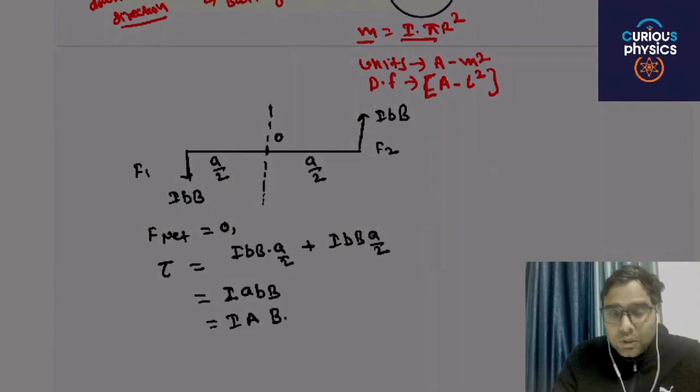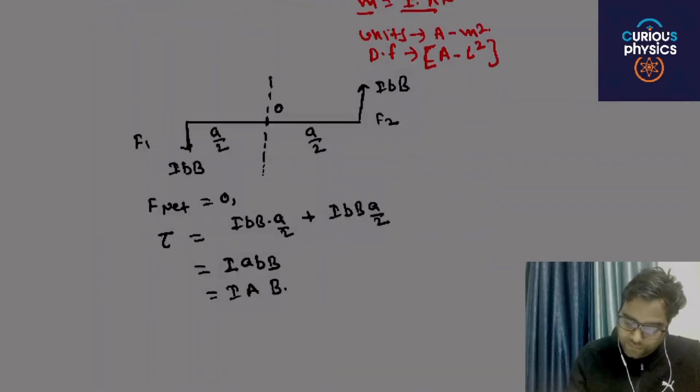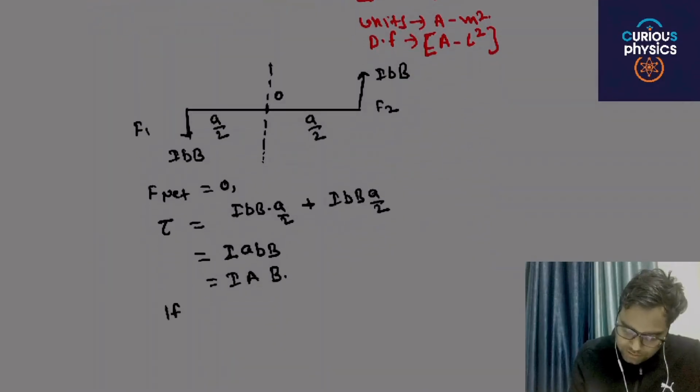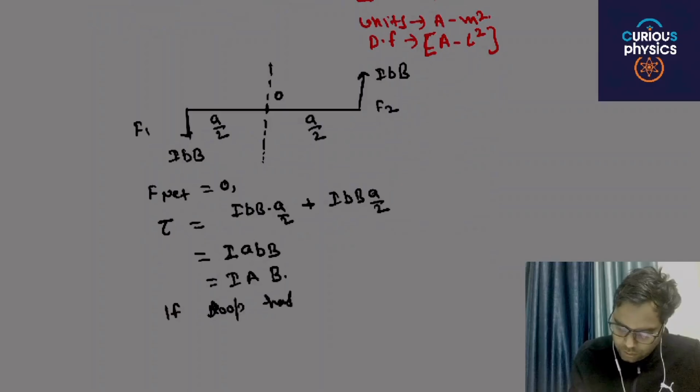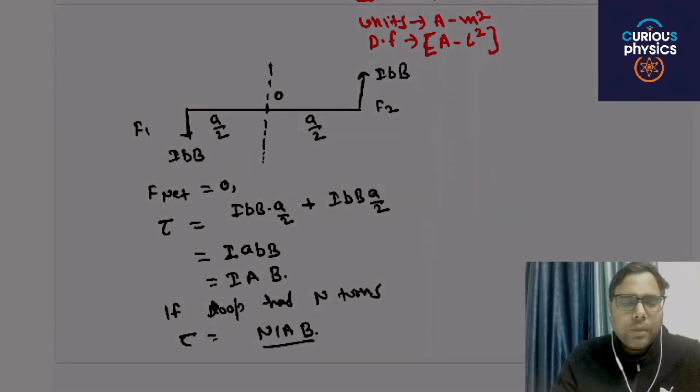If this particular loop has n turns, then the value of torque will be N I A B. Are you able to get my point or not?